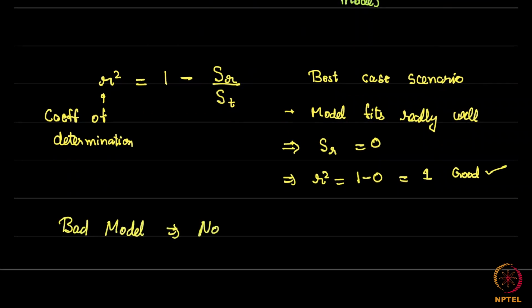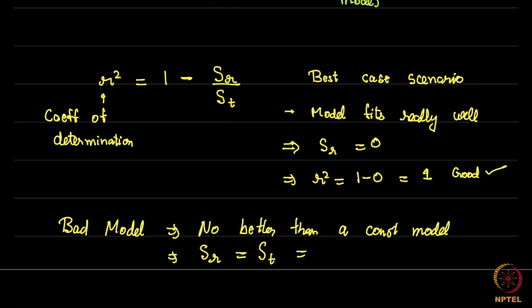Now, what happens if it's a bad model, no better than a constant model? What would this mean? This means SR equal to ST. So in this case, R square equal to 1 minus 1, which is 0.